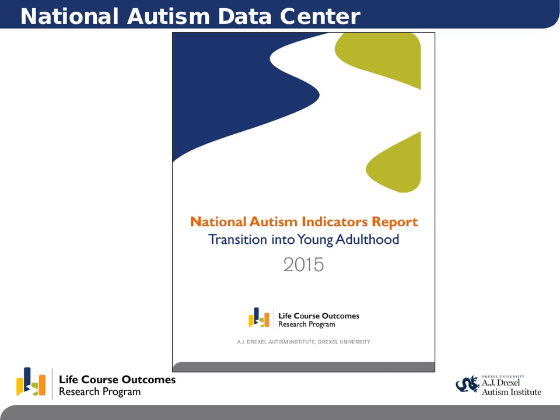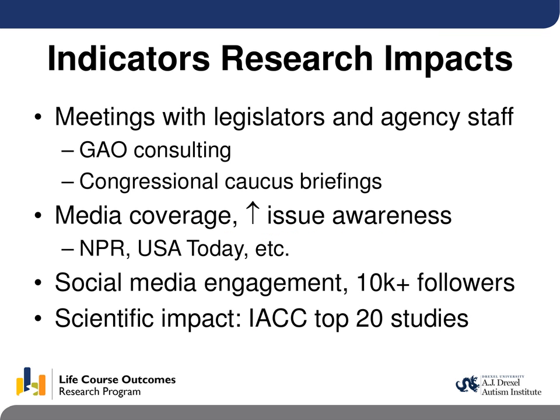We also had information from a national health survey that included a sample of adolescents on the autism spectrum. And we tried to compile all this data into a very user-friendly report that had specific information that would be useful for legislators and decision makers and agency leaders.